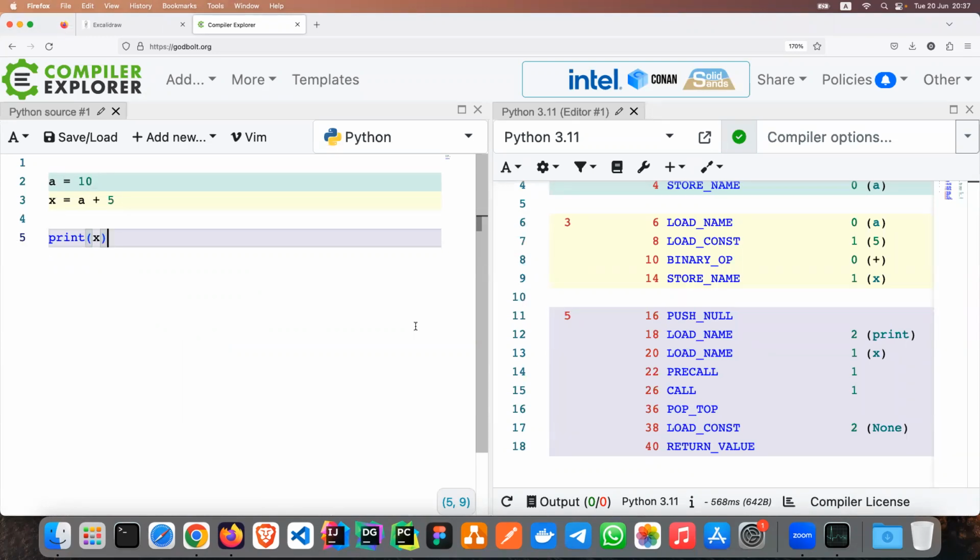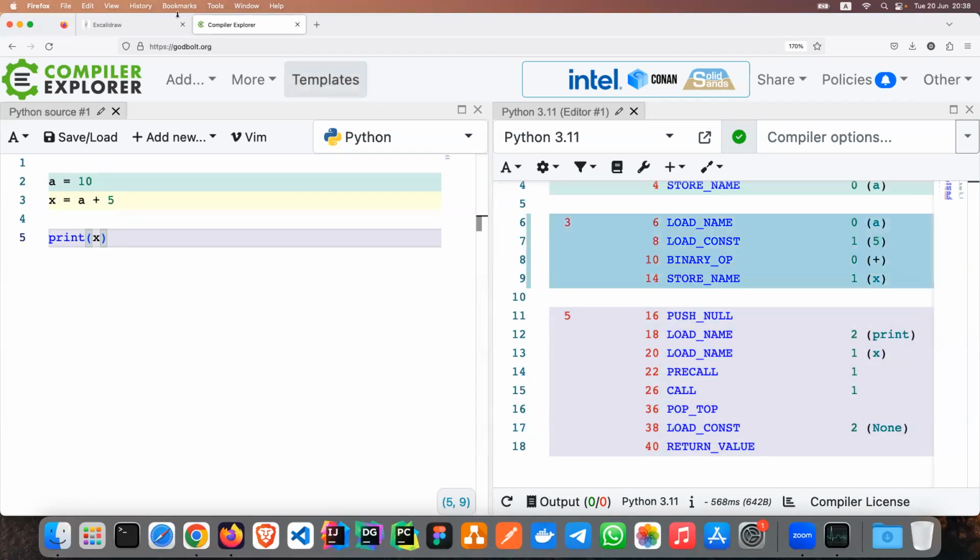Okay, let's say I want to write a program in Python and I want to execute that program. So I want to give this program to my CPU so that it can execute these instructions. My CPU doesn't understand Python. It only understands its own instruction set, right? So we need another program which will convert my Python code into CPU code.